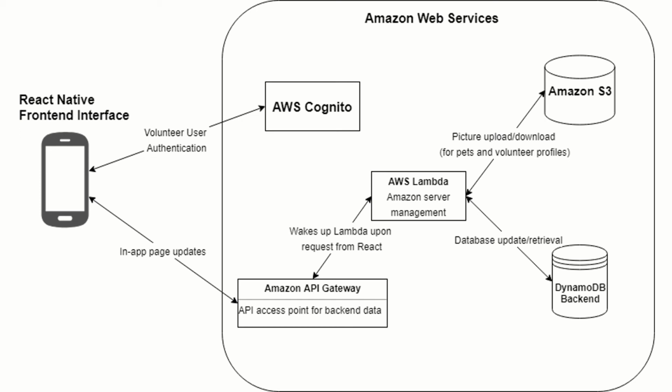The first being volunteer user authentication through AWS Cognito, and second being the in-app page updates, which are going to come through the Amazon API Gateway. This will then go to AWS Lambda, which, depending on the service required, will use Amazon S3 for picture upload and download, or will go to a DynamoDB backend database for update and retrieval of tables.